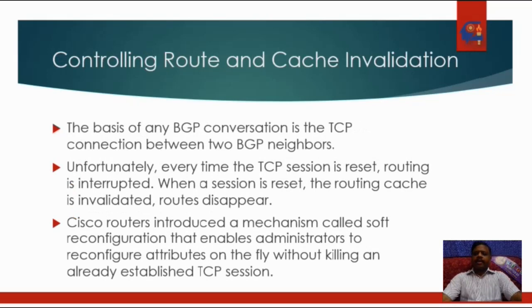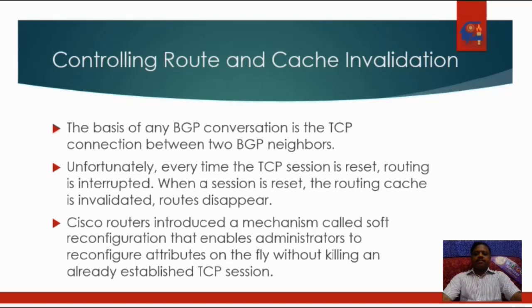The basis of any BGP conversation is the TCP connection that takes place between two BGP neighbors at the transport layer. The neighbor connection itself is based on the open message, which contains parameters such as the BGP version number. In addition, exchanged routing updates carry various attributes such as the metric, communities, and AS path.